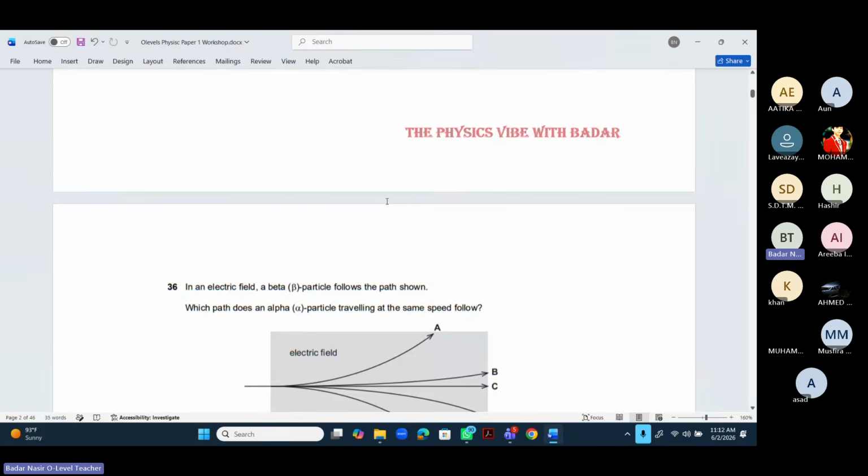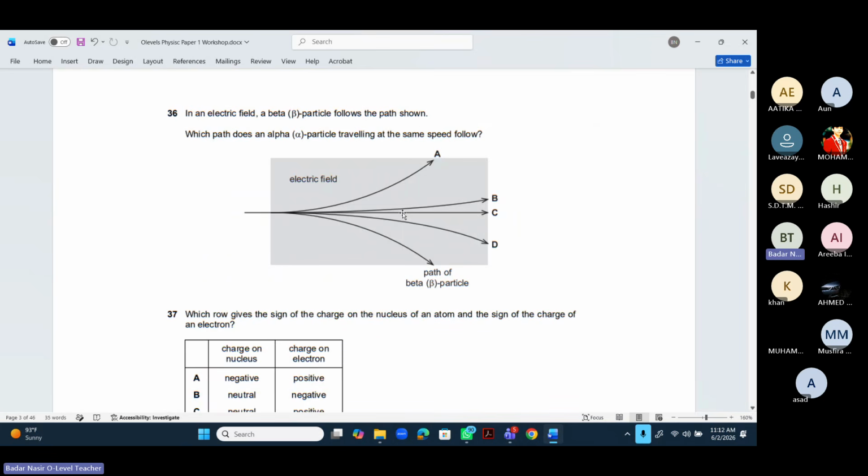Okay, in an electric field, a beta particle follows the path shown. Which path does an alpha particle traveling at the same speed follow? So this is the path of a beta particle, and he's asking you, what is the path of an alpha particle?